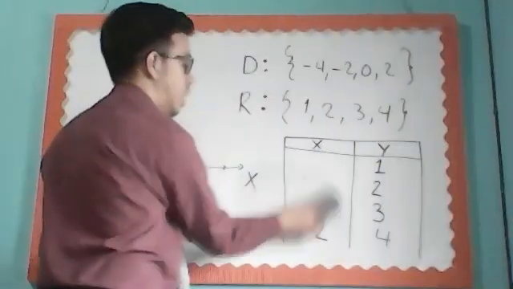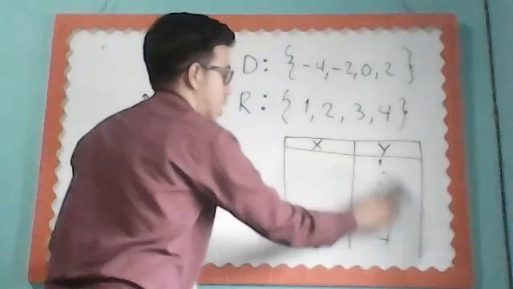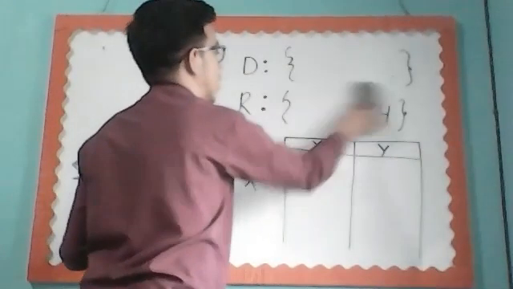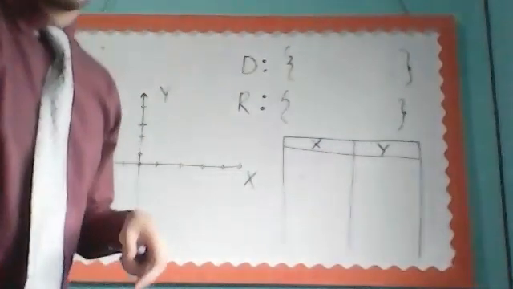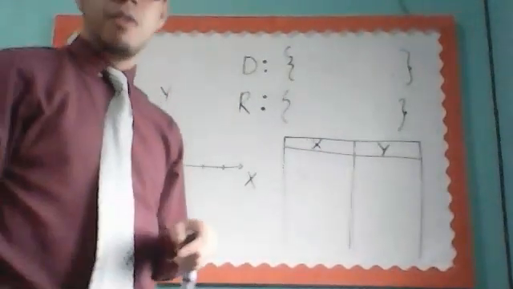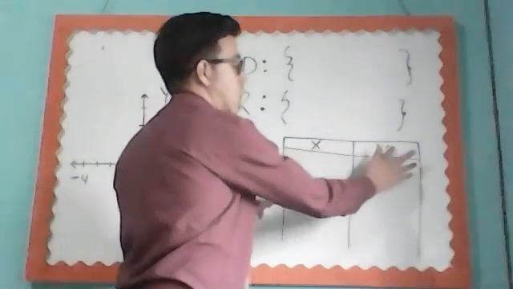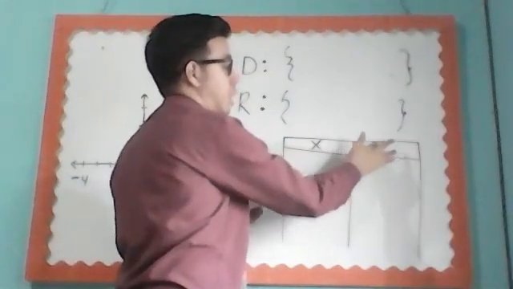The values for the x and for the y, the domain and the range. I'm going to just copy the information you have on the chart. In this case, we don't have y, we have f of x.